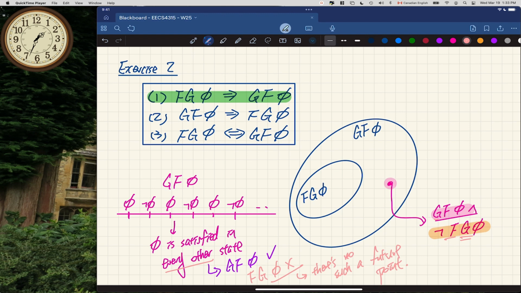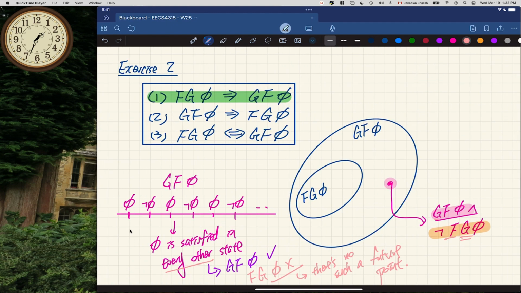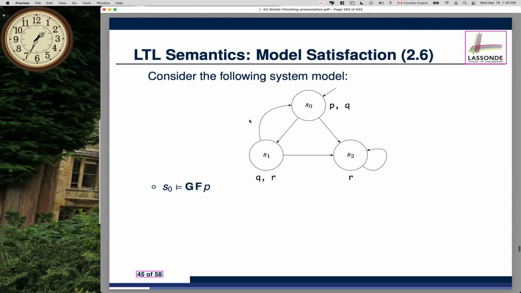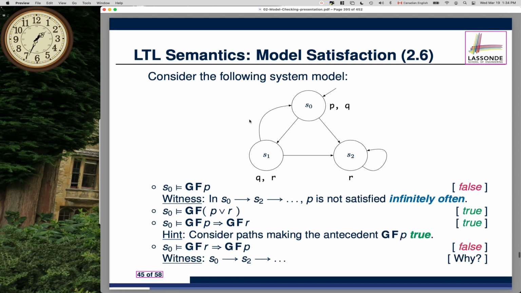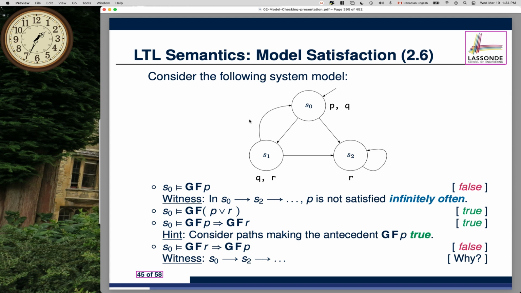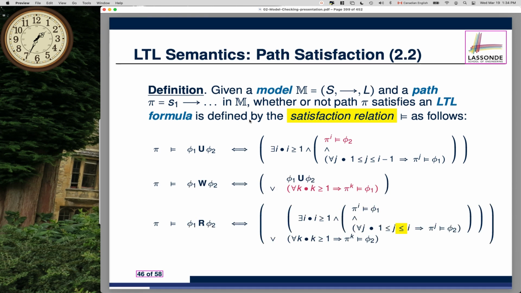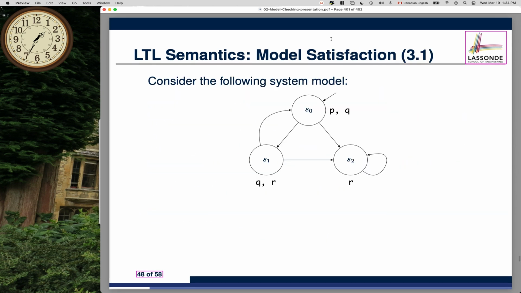Guys, any questions? Okay, if that's good for you, let's see where we are on the slides. We are now at slide 45. For LTL, there are 2 more topics I would like to cover. One is the 3 more operators, which can be understood using the global and future operators: until, weak until, and release. We'll talk about the formal definition and do some examples.